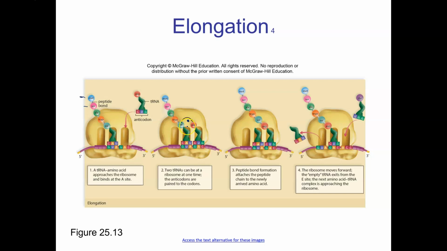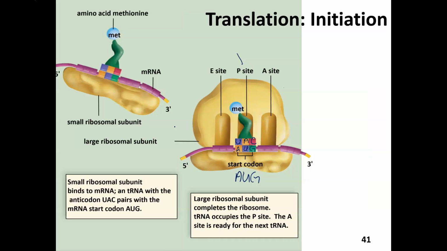And when that happens, this first transfer RNA is now free. So the entire ribosome moves. The first transfer RNA is now in this open spot, and it can leave. This E site is kind of the exit site.